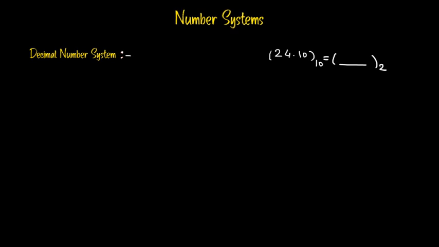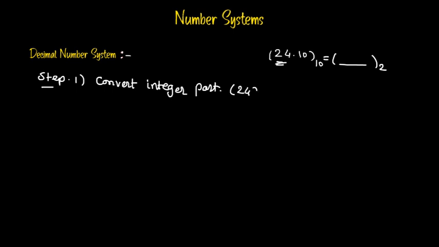The first step is to convert the given number in two parts. Step 1, convert the integer part. In this case, 24 is the integer part.